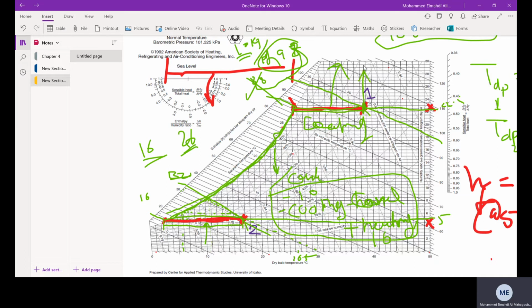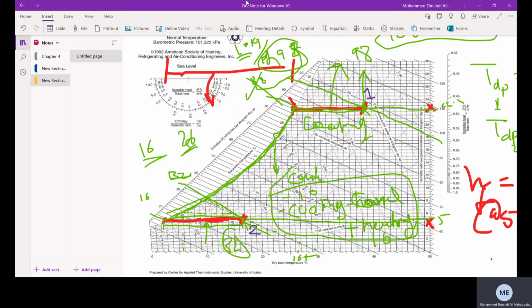So this one is 98, and this one is 32. Subtract them from each other. So I have 66, and then this answer multiplied by negative 17.5 over 1000, multiplied by 21.02.